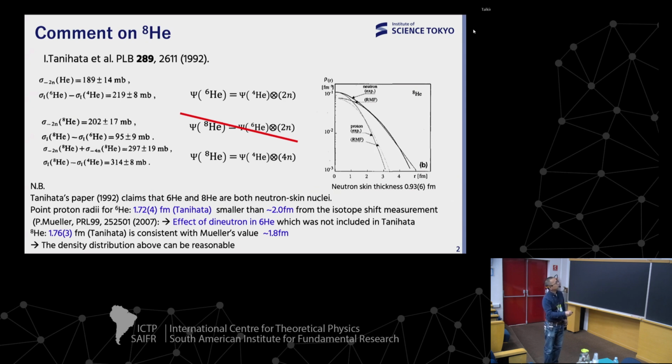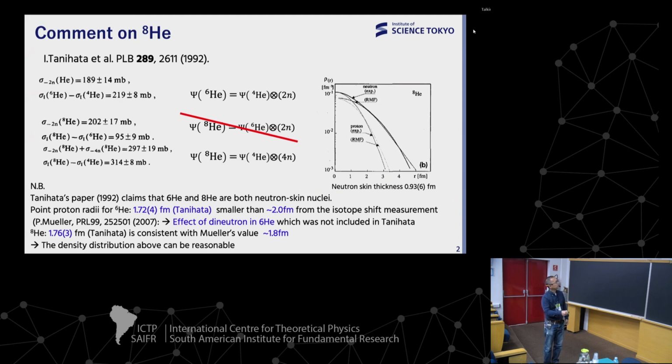After this measurement, there was another measurement, the isotope shift measurement, which can determine the point proton radius, as we call it. The point proton radius for helium-6, 1.72 femtometer, extracted from the interaction cross-section measurement, is much smaller than the isotope shift value, 2.0 femtometer.